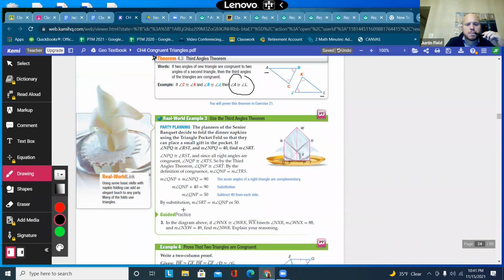Real world example. In the diagram, all right, so we want to find angle NWR. We know WX is a bisector and angle WNX is 88 and angle NXW is 49.